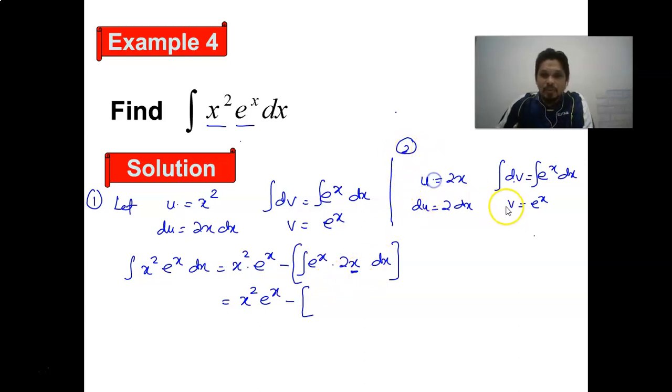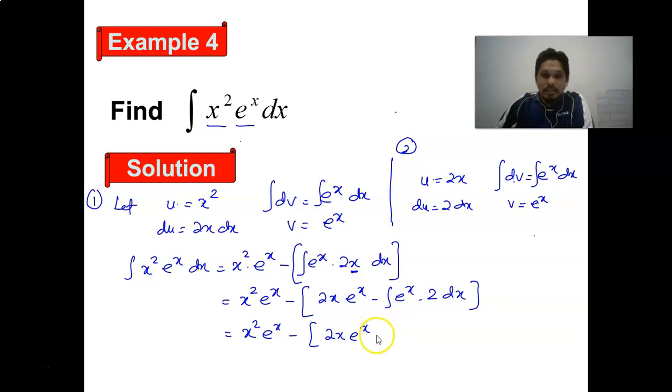So uv: 2x e^x minus the integral of v, which is e^x, du equal to 2 dx. So x squared e^x minus 2x e^x, negative 2 outside here.